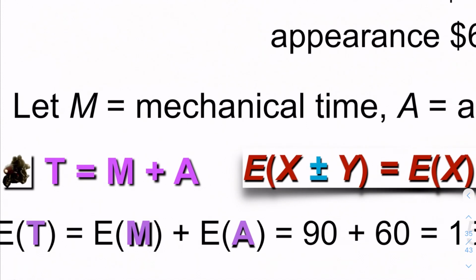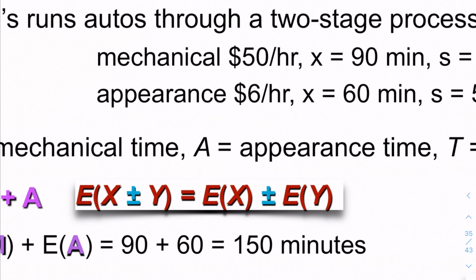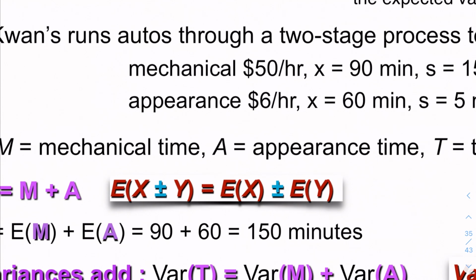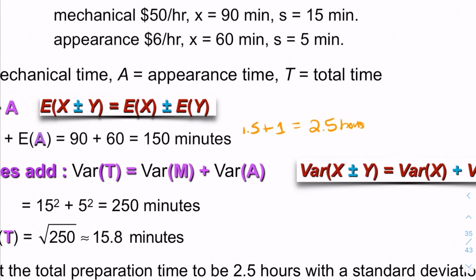We want to know the total is equal to the mechanical plus the appearance for each car. We know that expected values, you just add the expected value for each. So we would expect to have 150 minutes if we just take 90 plus 60. Or we could say 1.5 plus 1, which is 2.5 hours, would be our expected value in time.